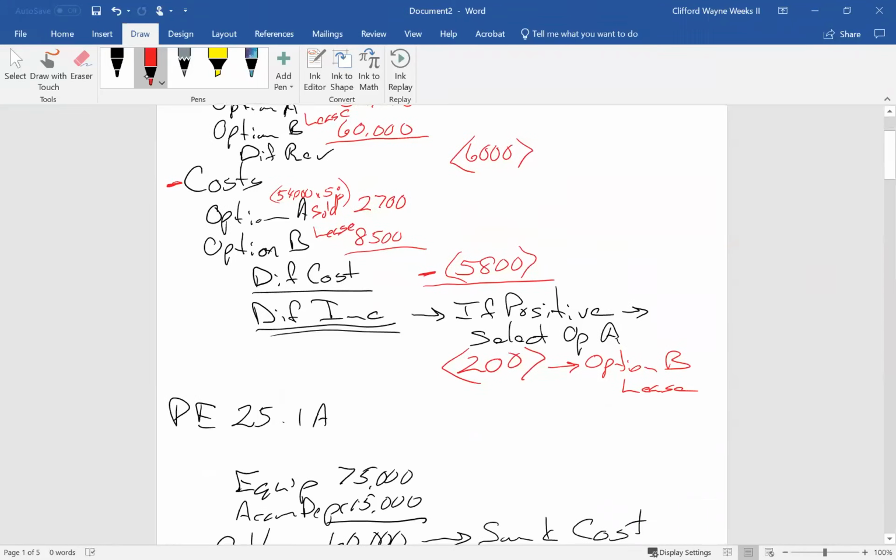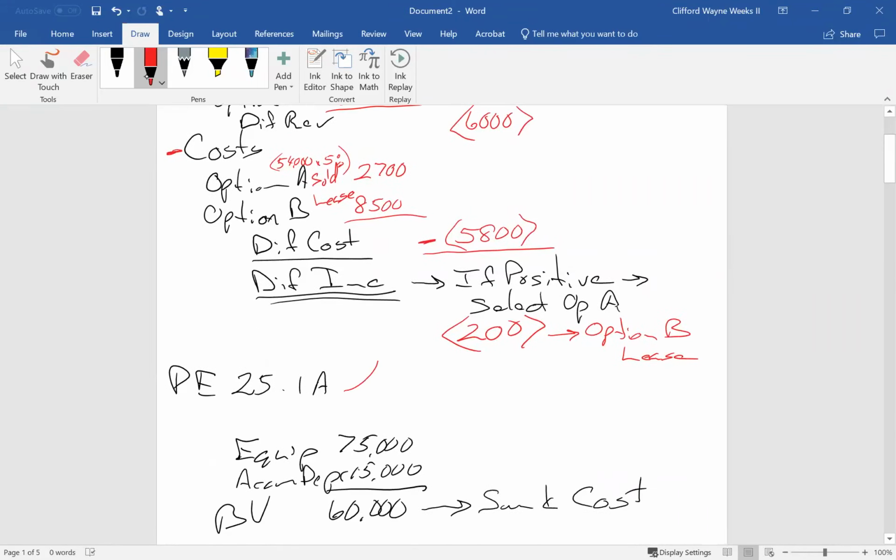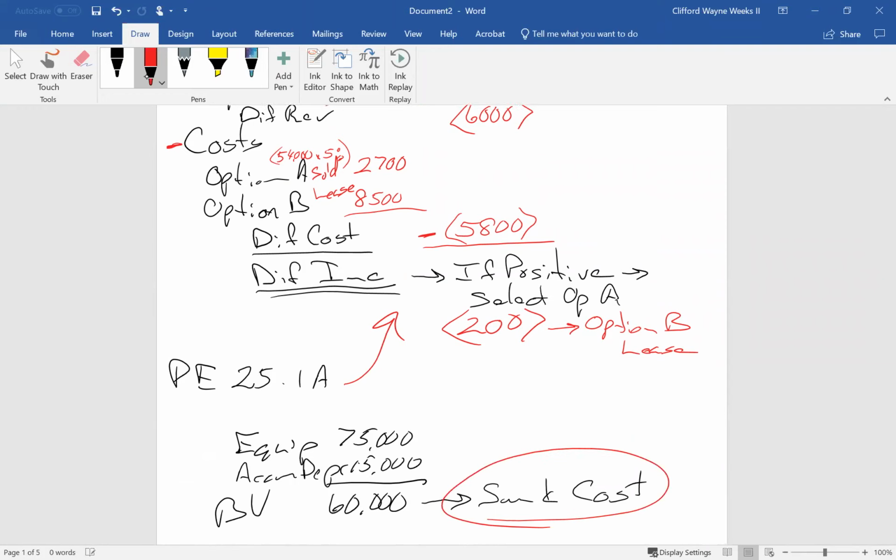You can actually just crunch the numbers. So I'm going to highlight that up there. Let me choose another one. So what did we learn in this problem? We learned and understood, hopefully, this concept called sunk cost.